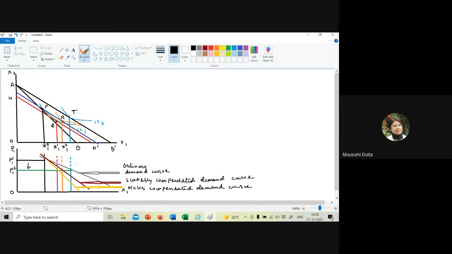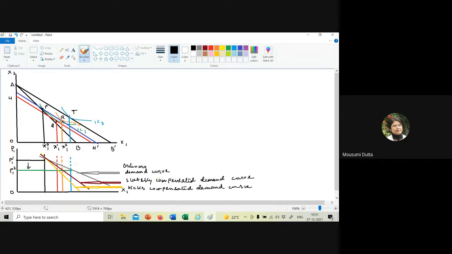Hicks is adjusting the income in such a way so that the consumer can remain on the same indifference curve. And to Hicks, this is the meaning of constancy of purchasing power. While Slutsky is telling that constancy of the purchasing power means we have to fix the adjusted income in such a way so that the consumer can purchase at initial consumption point.